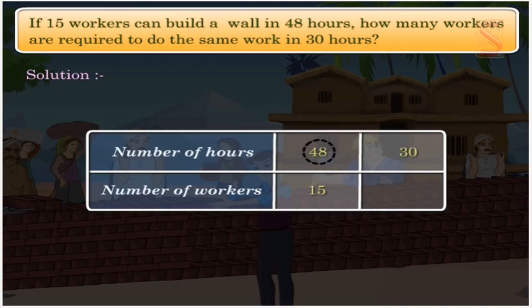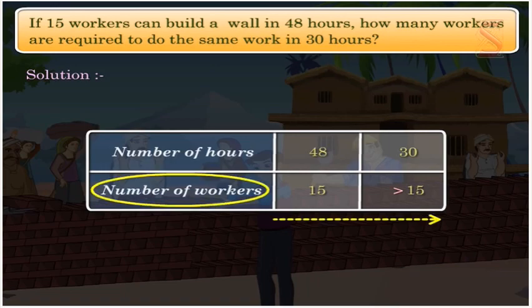So that means in 30 hours, if the same work has to be completed, then they will require more workers, isn't it? To complete the same work in less time, more people should work. So that means the number of workers should be more than 15.